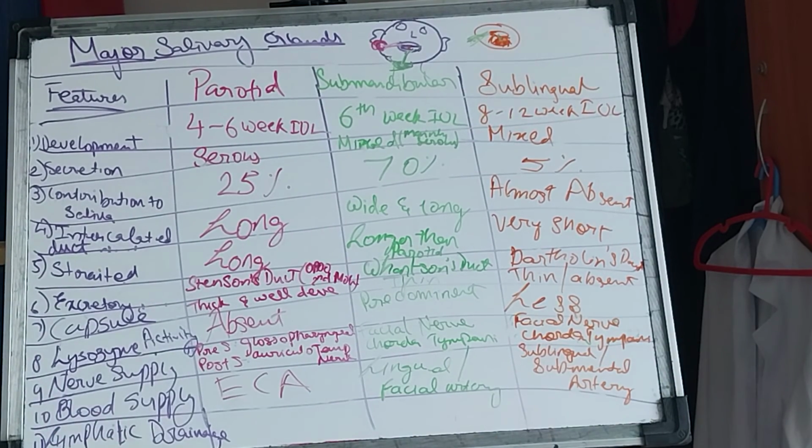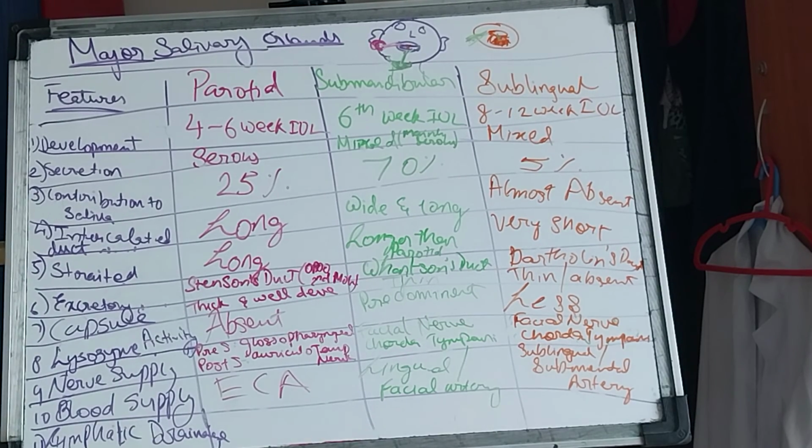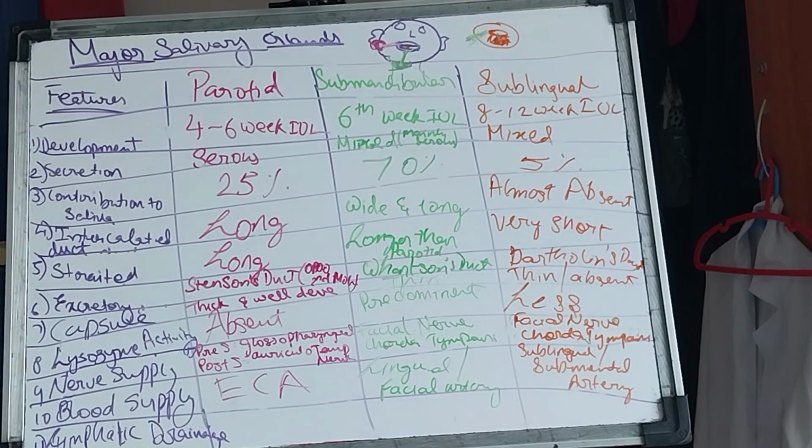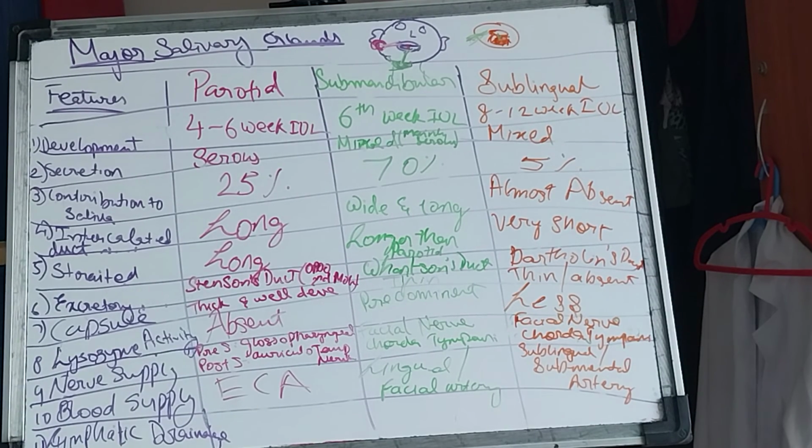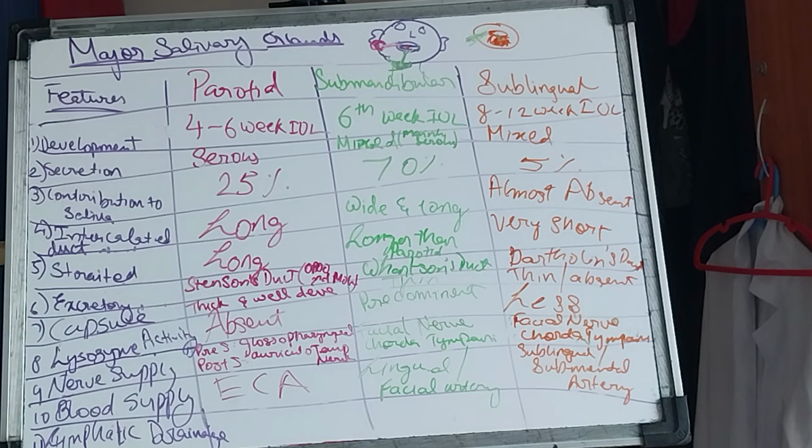The last point here is the lymphatic drainage. For the parotid gland, it is the deep cervical lymph nodes. The paraparotid or the intraparotid nodes drain into the deep cervical lymph node.